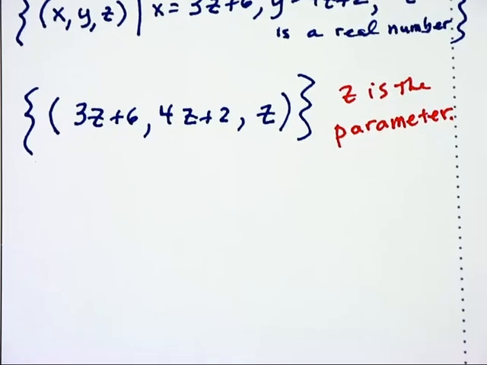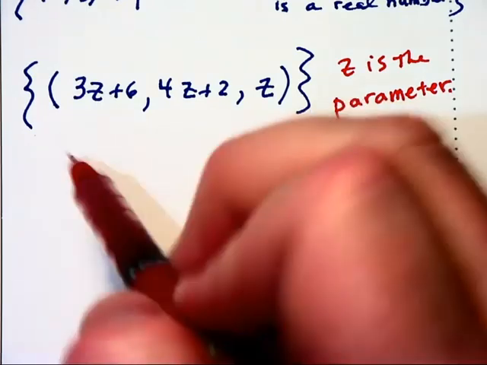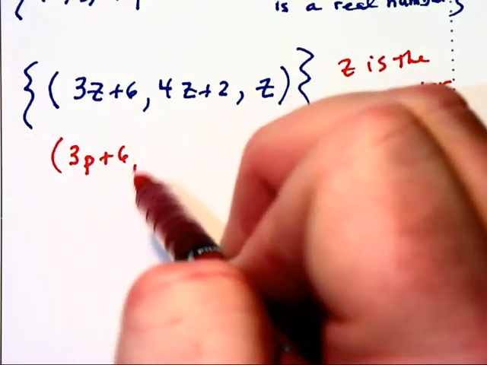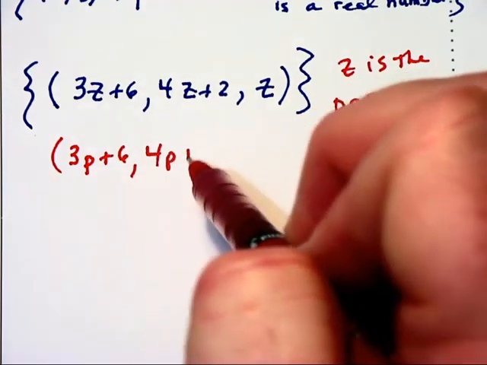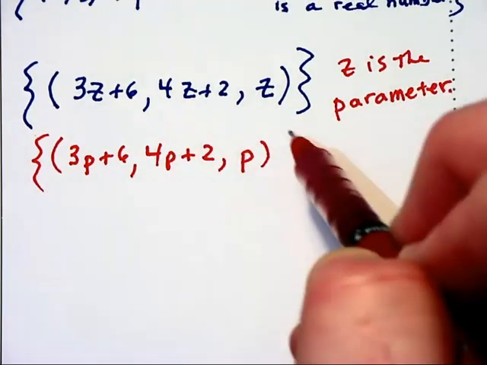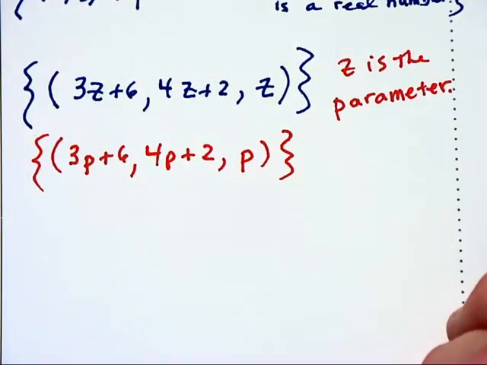Sometimes instead of using the letter z itself, we see this written as 3p plus 6, 4p plus 2, p, and I guess the letter p here is chosen because it's the parameter, but your choice on which format you're wanting to use.